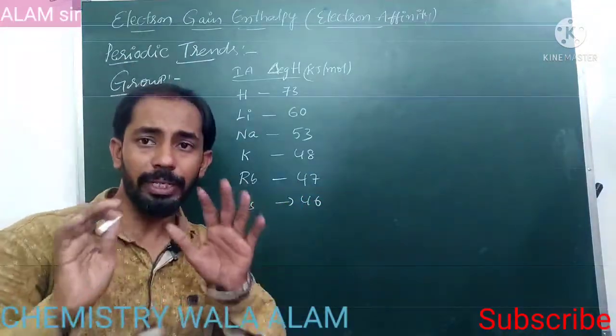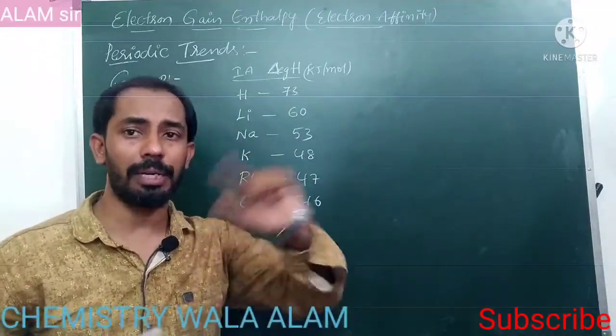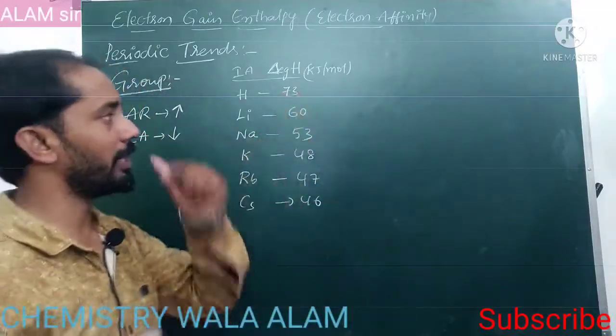This much energy is released when an electron is added to the valence shell.